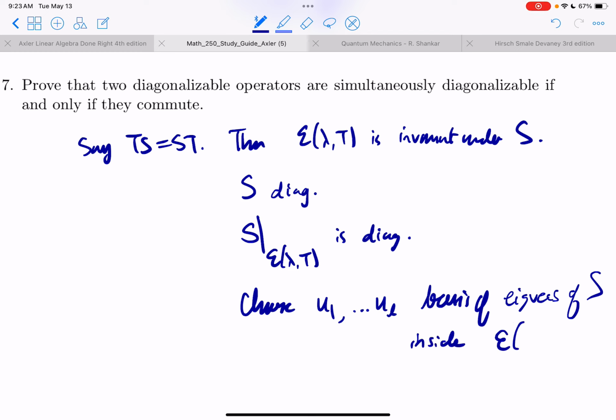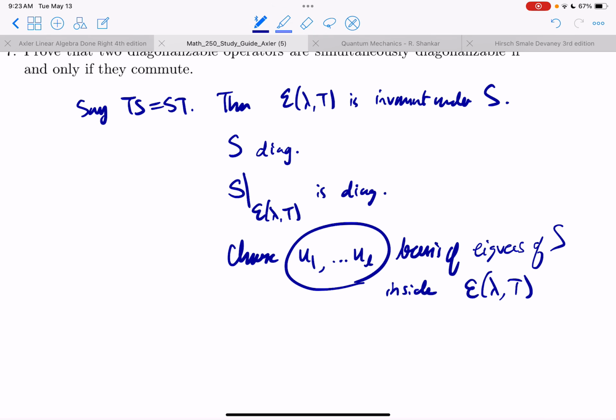Of what space? Of E lambda T. Okay, but then these vectors here are a basis of E lambda T. That means they're all eigenvectors of S, and therefore they're eigenvectors of T too.